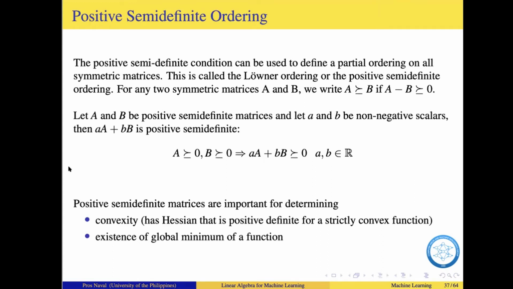Also, positive semi-definite matrices are important for determining the existence of the global minimum of a function. If you're trying to minimize a function, you want to get the global minimum. And how do you know that your function has a global minimum? Well, you look at the positive semi-definite condition.